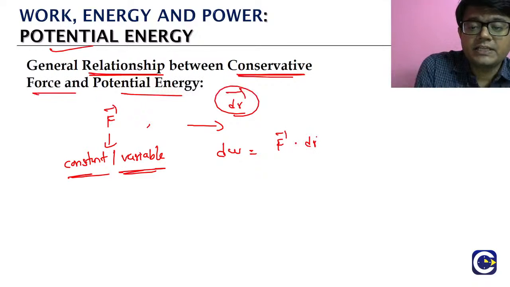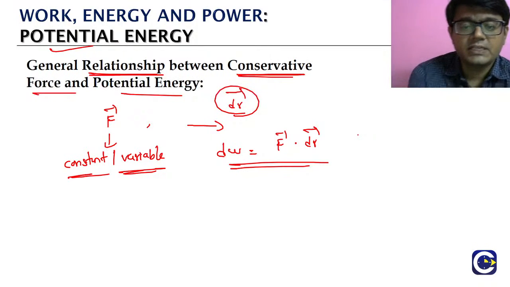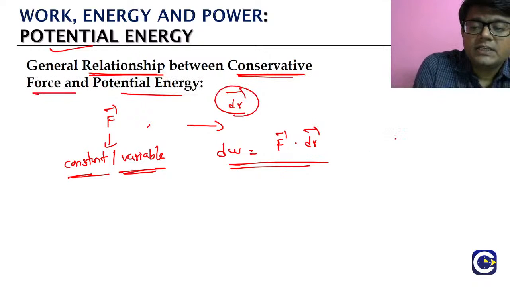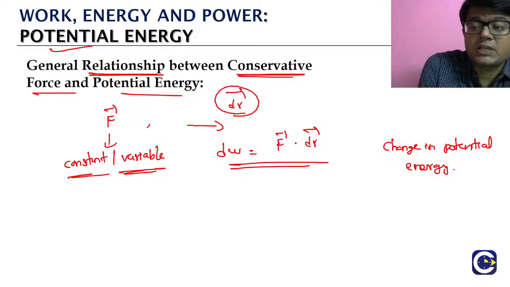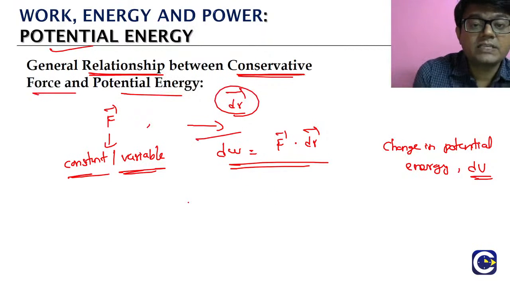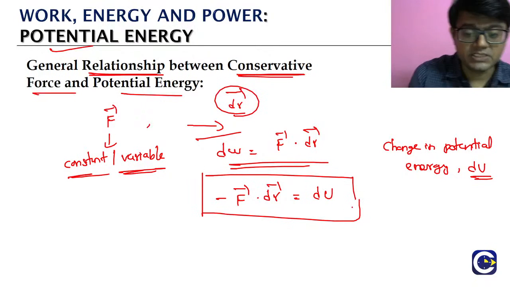F dot dr. This is the small work done by the conservative force for that displacement dr. The change in potential energy will also be small, which we represent as dU. So look at the relation: negative of work done by the conservative force, minus F dot dr, is equal to the change in the potential energy.